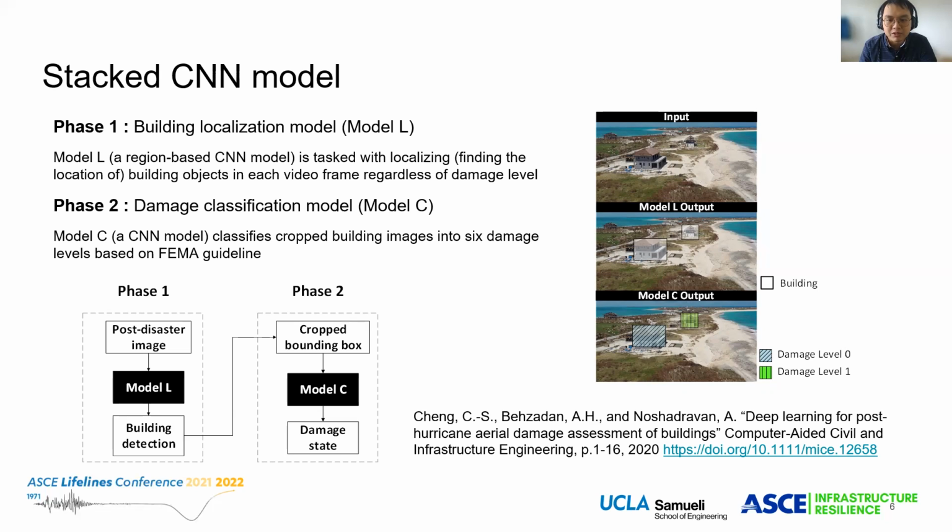They are both deep learning models. To explain more clearly, the input will be like the top figure on the right-hand side. Next, model L can detect the location of the buildings, which are covered with boxes. Finally, model C can classify the damage level of each building.